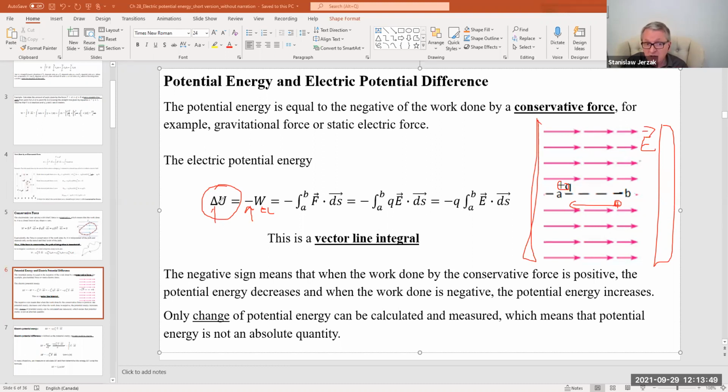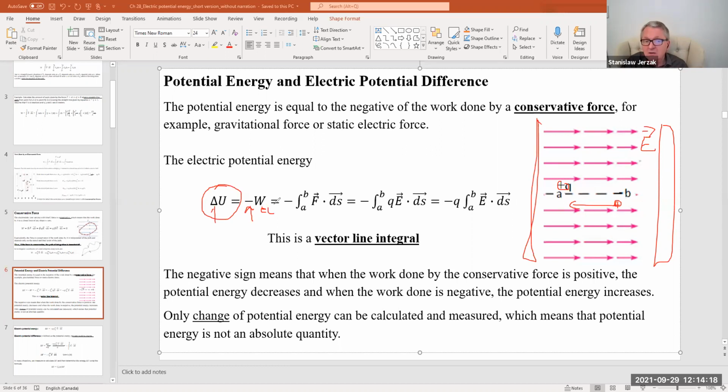So the change of potential energy between two points, A and B, let's say, I designated by delta U, and it is equal to the negative of the work done by the electric force, which means this: if the electric force does positive work, because of that negative sign, potential energy will decrease. But if the electric force does negative work, then negative and negative will give you positive, and potential energy will increase.